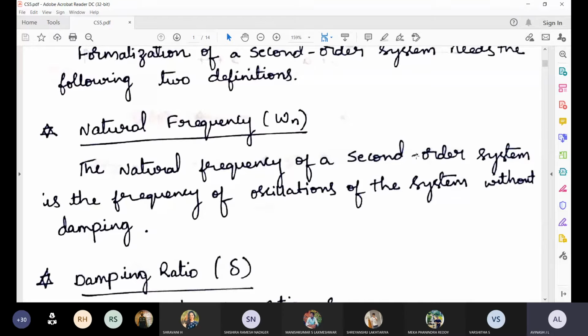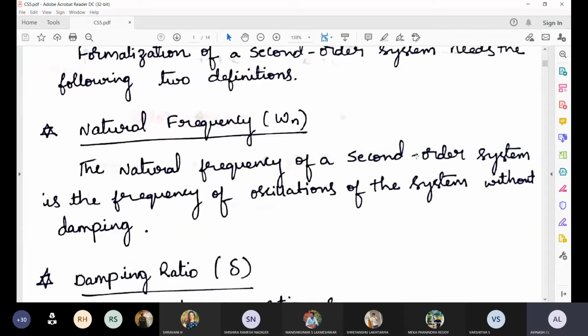Here, damping means what? Damping is the effect which will reduce or prevent the oscillation, like a friction. When you pull and leave an object, it will move to and fro.